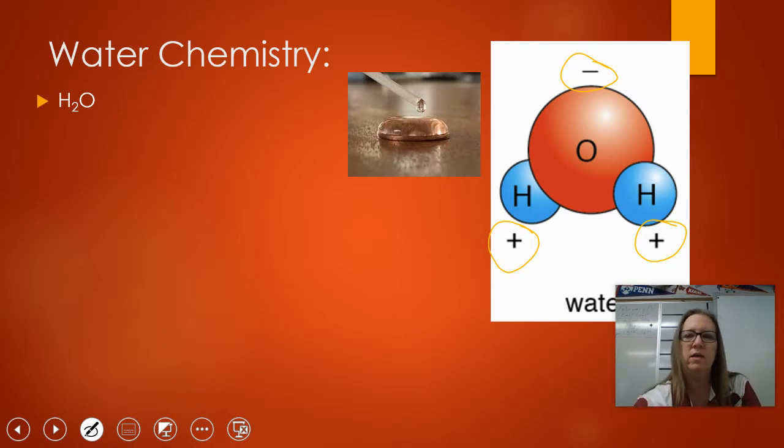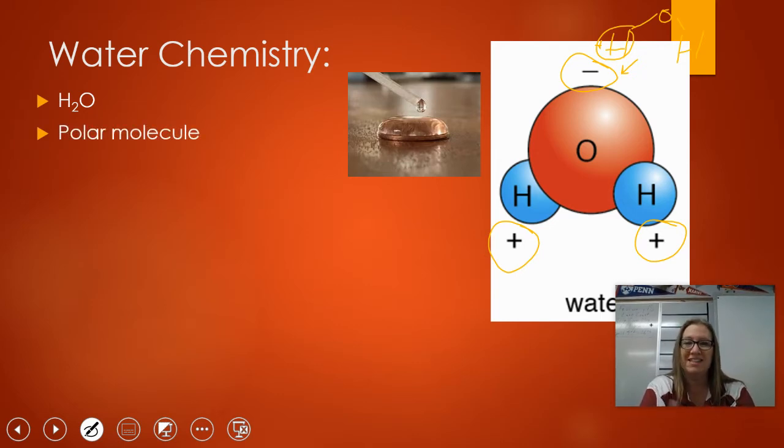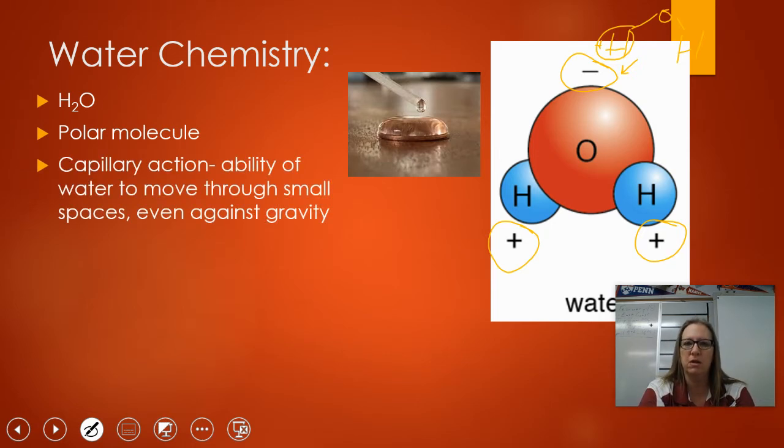And so if you get another water molecule, it's going to want to kind of stick to that, because opposites attract. So the positive of the hydrogen is going to be attracted to the negative of the oxygen, okay? That's known as being polar. And we get some unique features of water simply because it's a polar molecule.